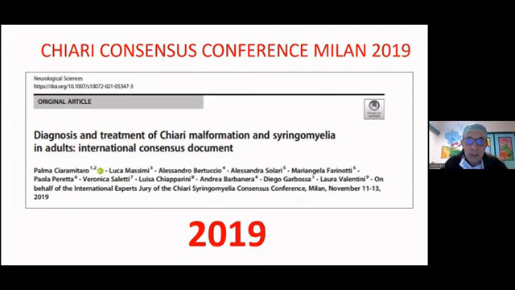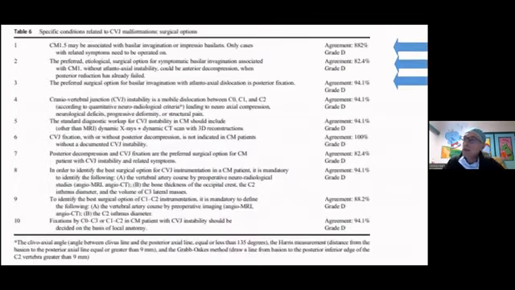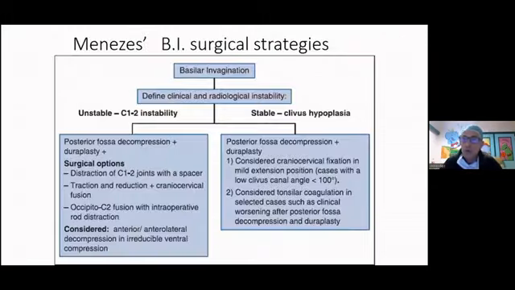The consensus conference in Milan 2019 spoke about the indication of anterior decompression, transnasal, transoral in irreducible basilar invagination associated with Chiari, otherwise posterior decompression and instrumentation and fusion in those cases in which basilar invagination is reducible and, of course, associated with the Chiari 1 malformation.